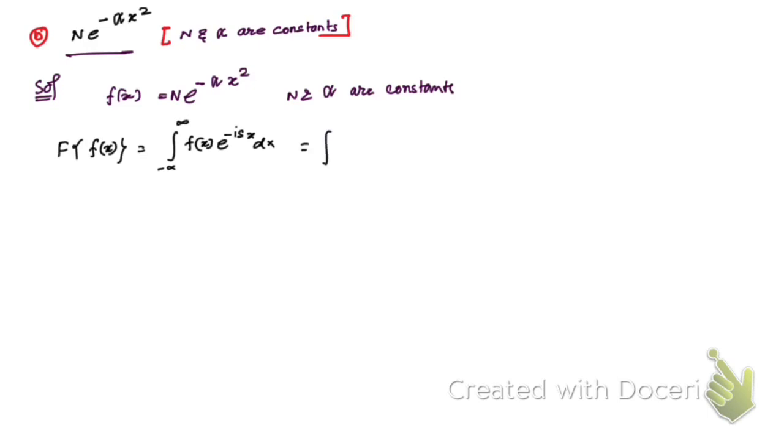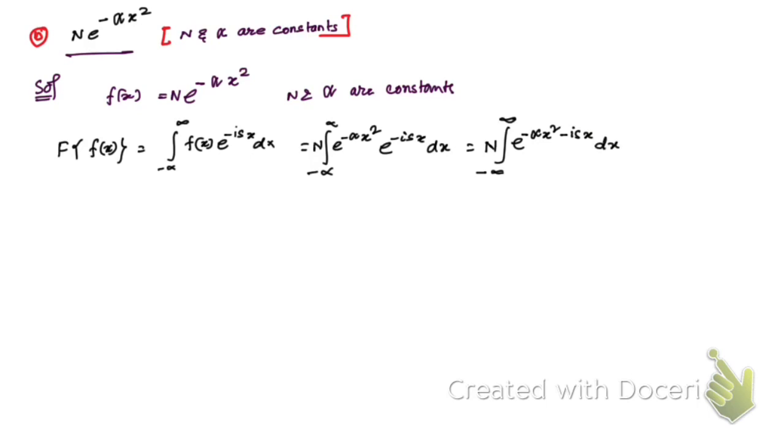So then what we can have, minus infinity to plus infinity, n can be written outside as it is constant, so minus alpha x square e to the power minus is x dx. So now apply the laws of indices, then we can have n into integration minus infinity to plus infinity e to the power minus alpha x square minus is x dx. That's what we're gonna have, right?